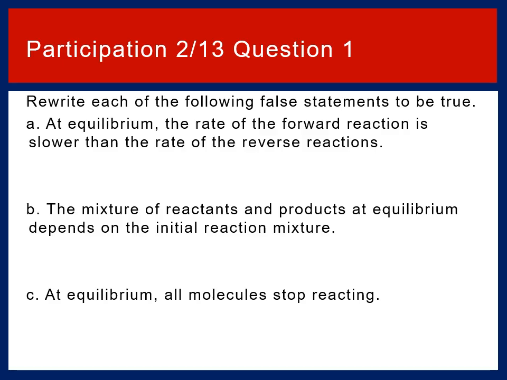The link to the assignment is right below the links to these videos. Again, rewrite each of the following false statements to be true. So A, B, and C are all false. I want you to change something about each and write it so that it's true.